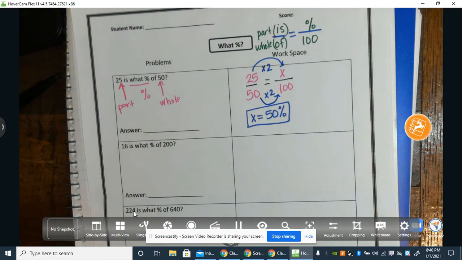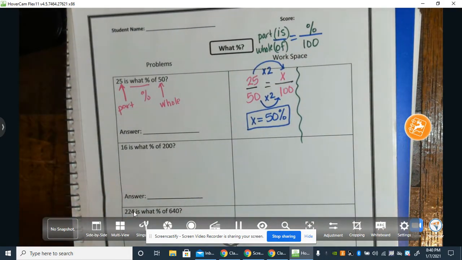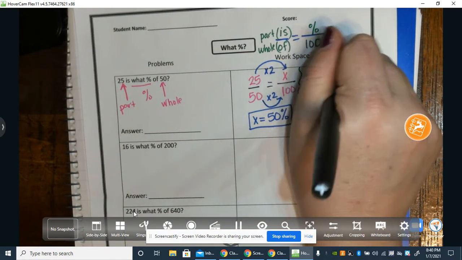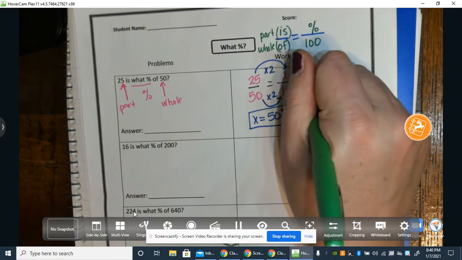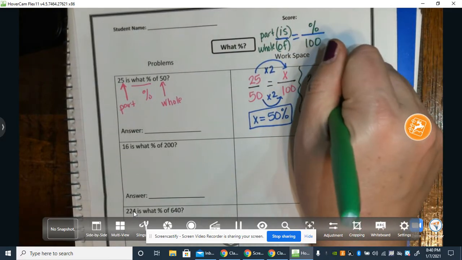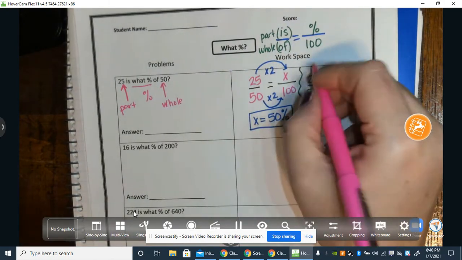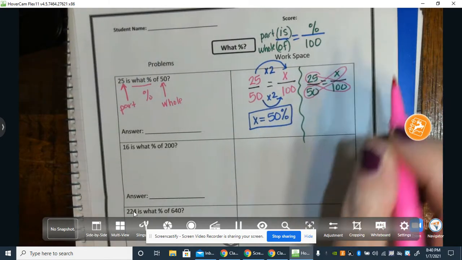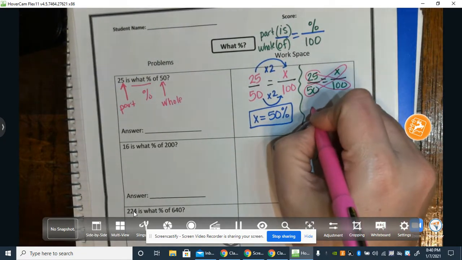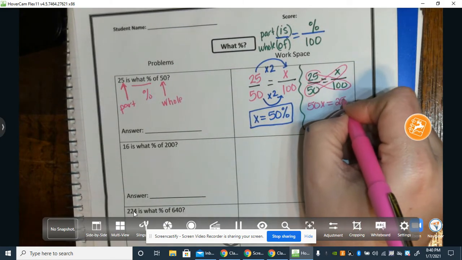Okay? If you wanted to do it the other way and do cross multiply and divide, it will work. I'm setting the whole thing up. 25 over 50 is what over 100? So again, I cross multiply. So 50 times x gives me 50x is equal to 2500.